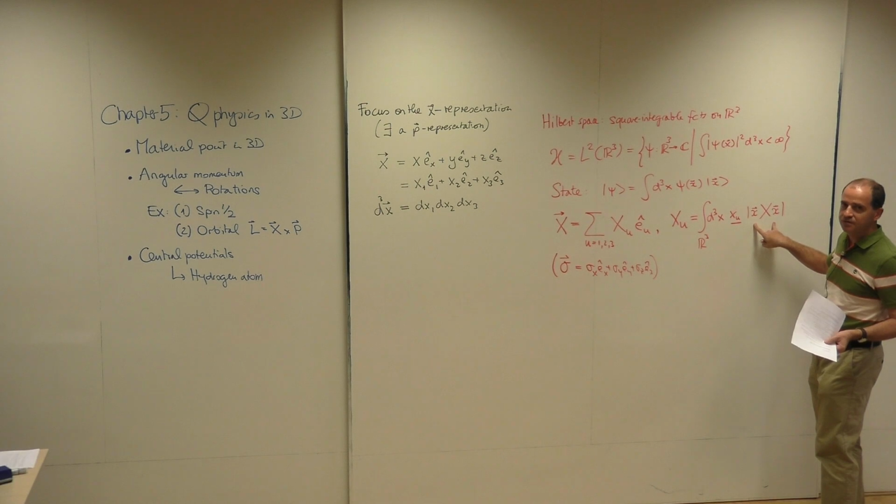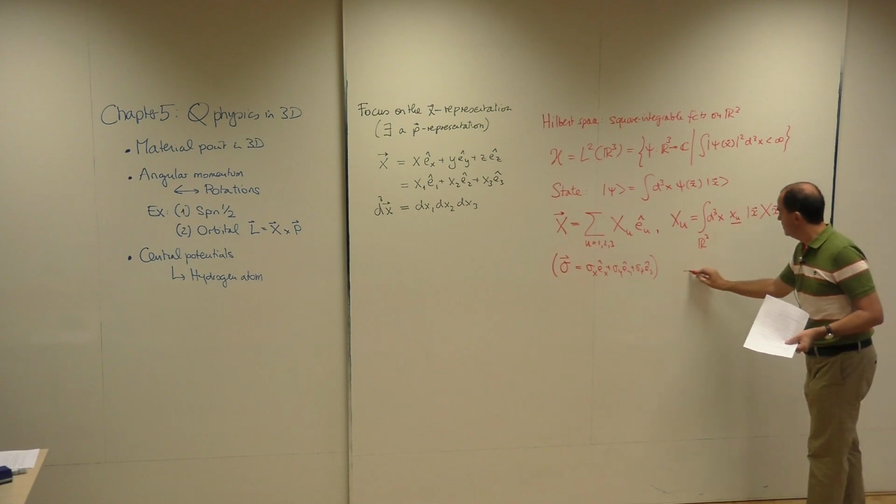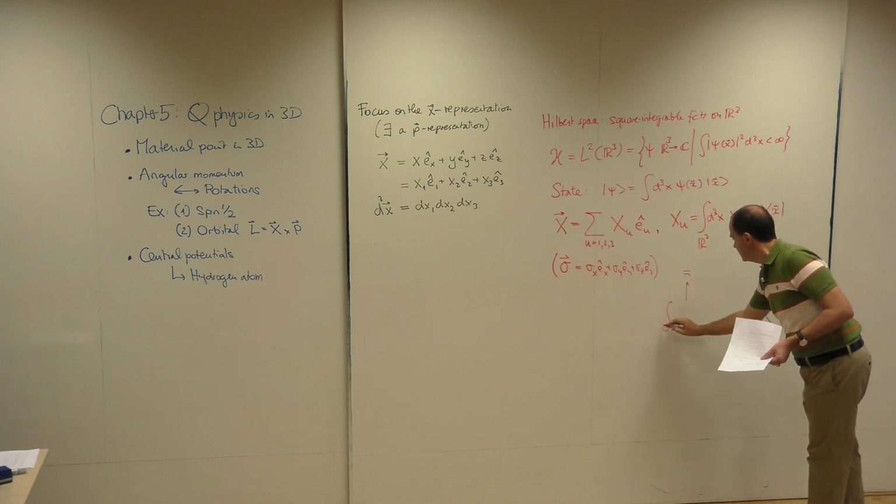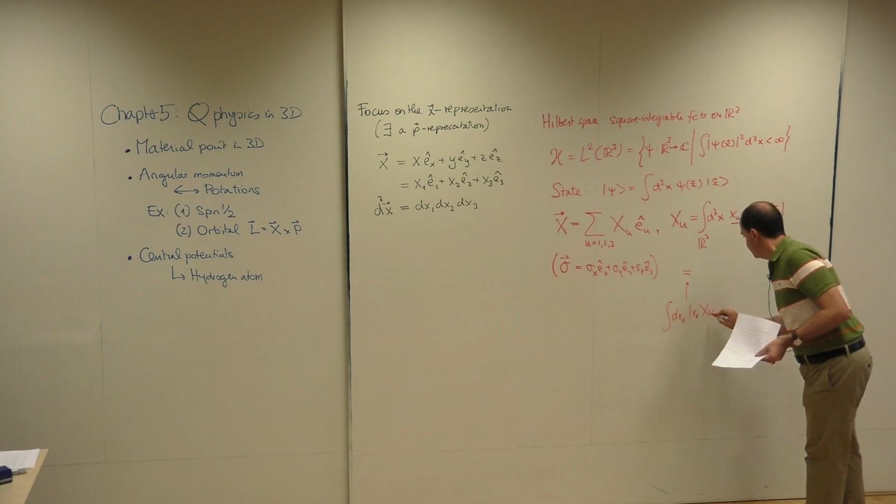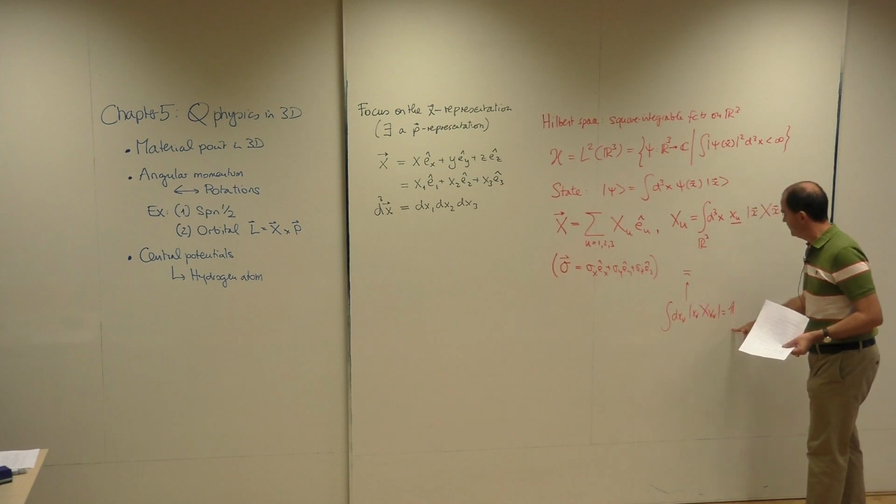be integrated out using the closure relation, the integral dx_v |x_v><x_v| is equal to 1. That's true for every component.